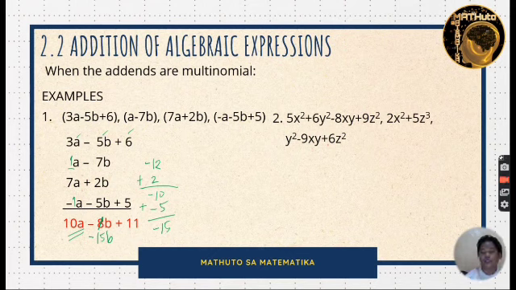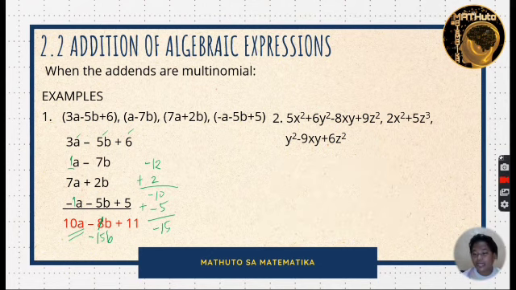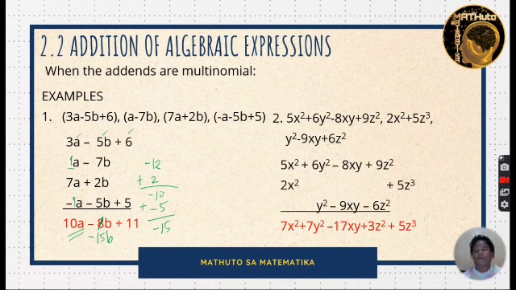For the second example, we have 5x squared plus 6y squared minus 8xy plus 9z squared, plus 2x squared plus 5z cubed y squared minus 9xy plus 6z squared. Let's arrange the terms in vertical order.